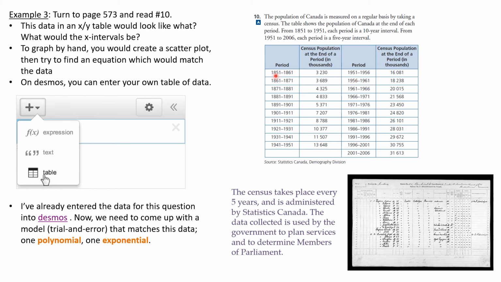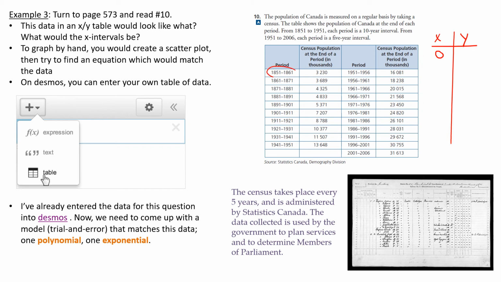So when you're doing your chart, let me write this down. My X value, so my time 0 here, I'm not going to write 1851 to 1861 in the X value.